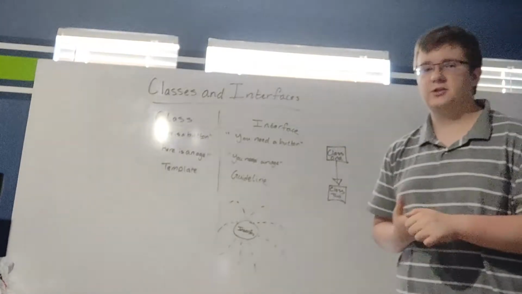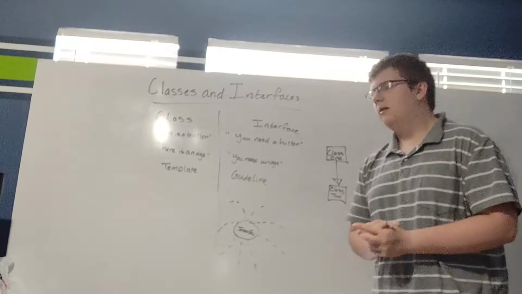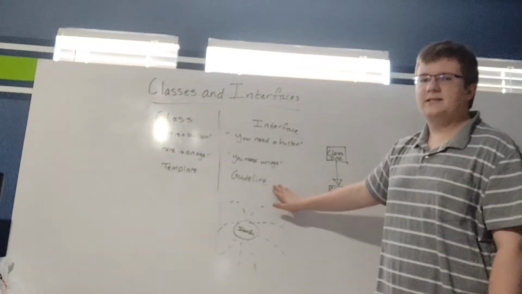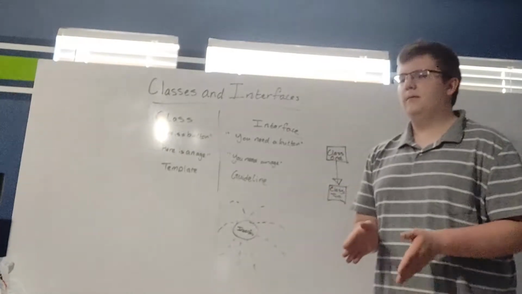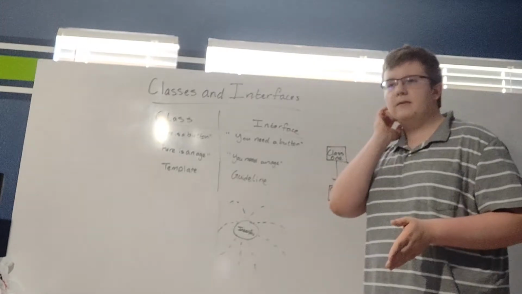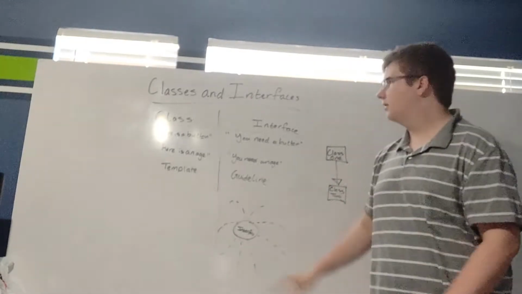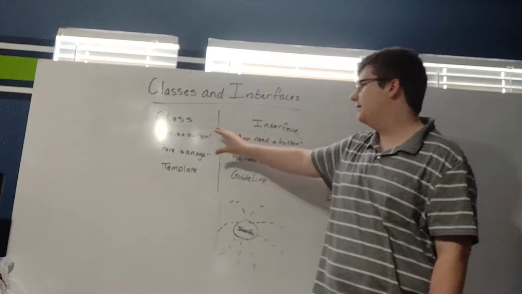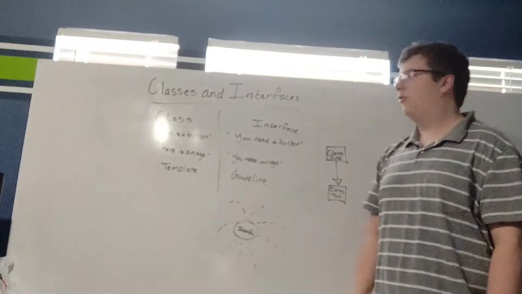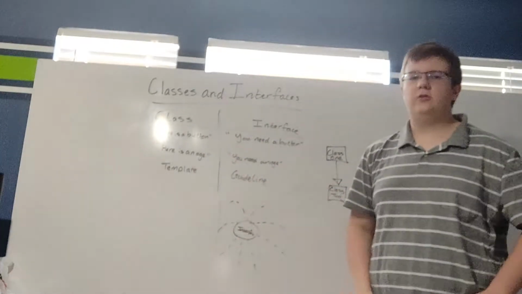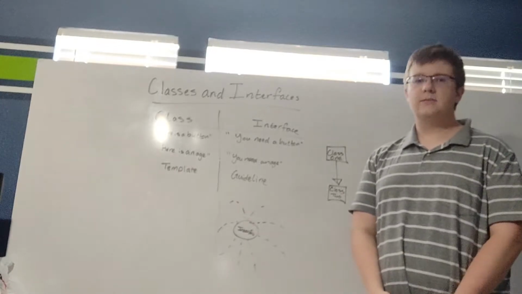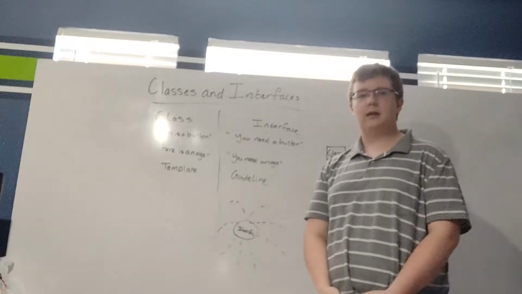To be fair, I'm only in chapter 4 of the textbook. But they're the guideline for the template. So usually you have an interface that defines a class, or that guides a class's creation. I'm not going to explain what they're really useful for right now. Just know that they are very useful.